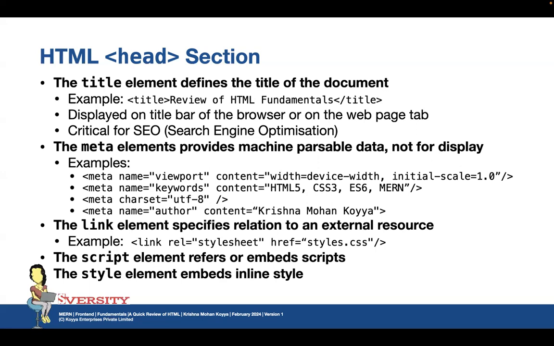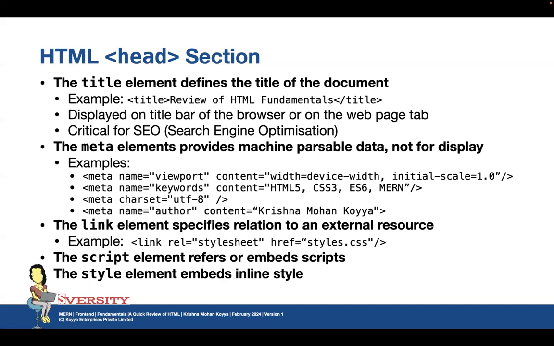If you just say home as a title, it's a very generic thing. If you write something specific, like review of HTML fundamentals, then it gives a little more clue about what kind of document it is. So search engines will actually spend some time on this document if they are looking for something related to HTML.